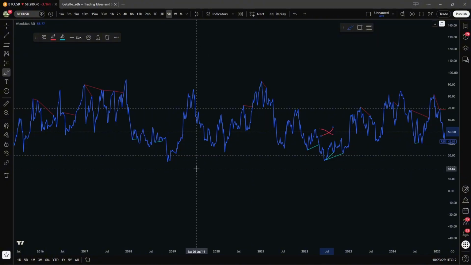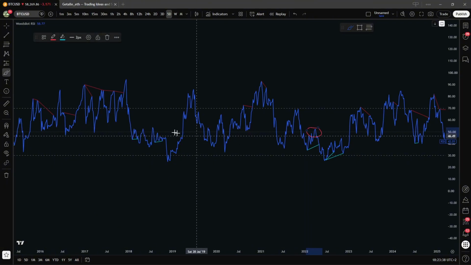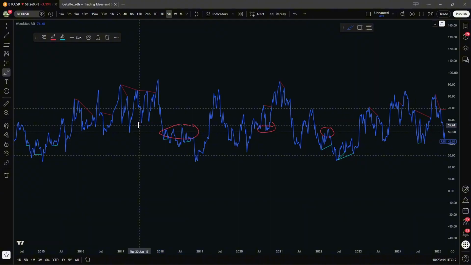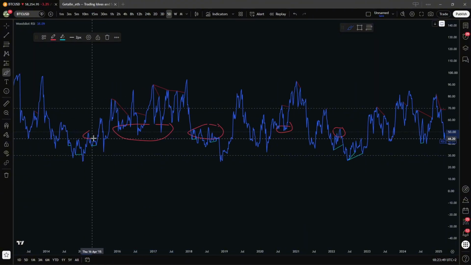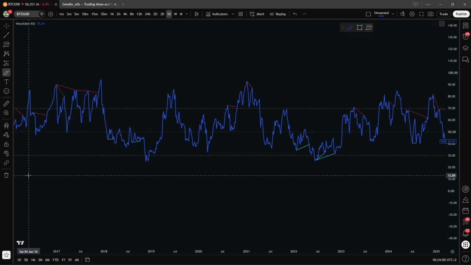The 50 area acts as resistance and support as well. You can see how the RSI is rejecting here, right? You can see how it is bouncing there. Here it's trying to accept, but it's rejecting again. Here it's bouncing off the 50 area, right? Here it's rejecting again. So you can think of the 50 area basically as support and resistance the same way as the overbought and oversold areas.